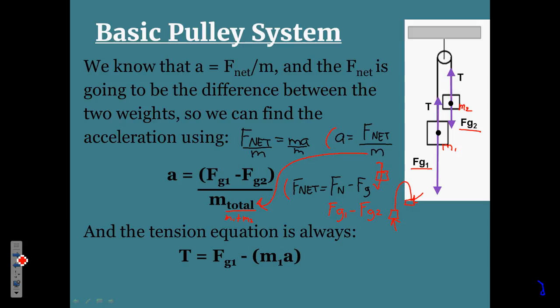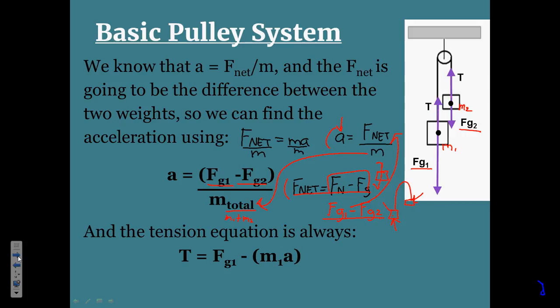And then what we just went over, this, and we said that this is like this situation, very similar, except it's FG1 and FG2, becomes our F net. So it's just another way of writing F net. FG1 minus FG2 is another way of finding the net force. And so you can see that our acceleration formula says F net, so we can substitute this in for our F net, which is where we get this F of G1 minus F of G2.